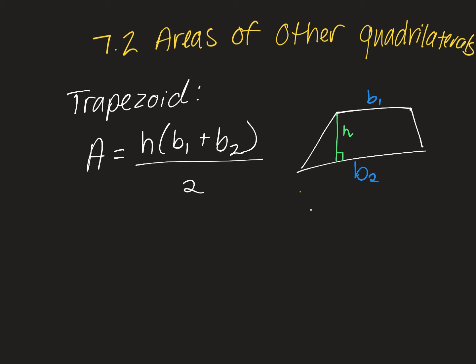Right, so if you have a trapezoid that looks like this, where you've got that right angle, in that case, this would be your height, okay? If that forms a right angle here. All right, so does everybody see what those sides are?